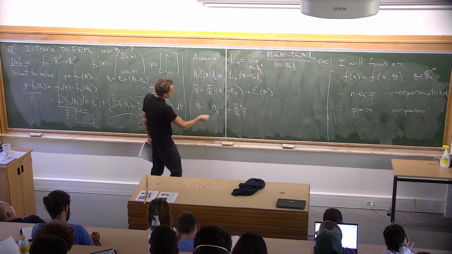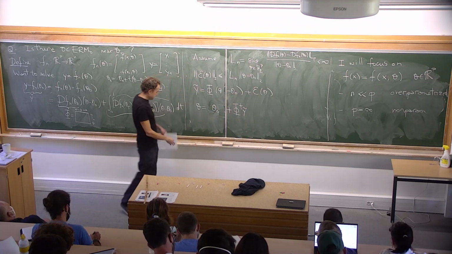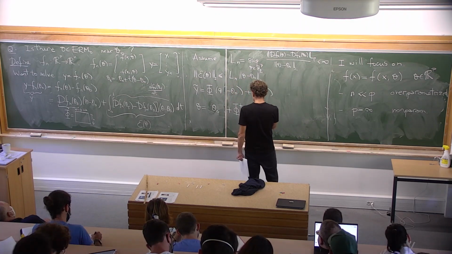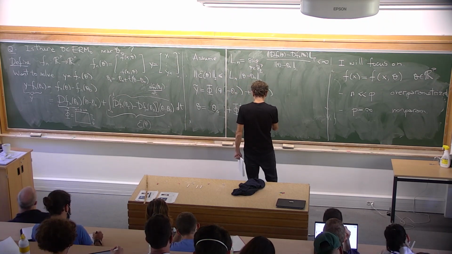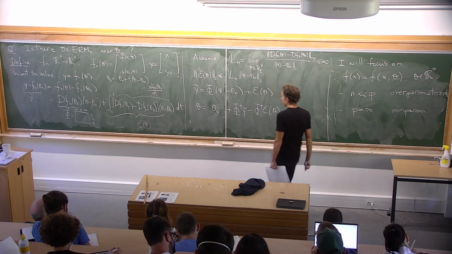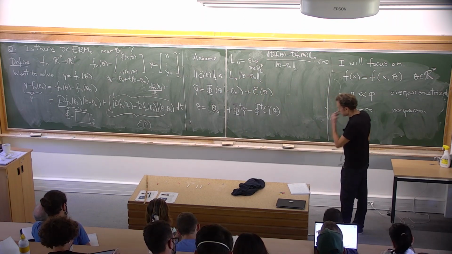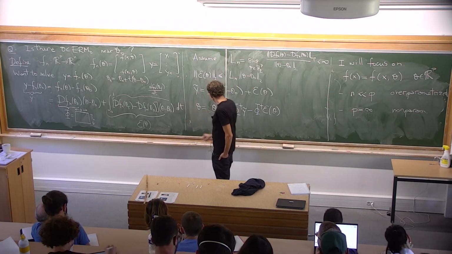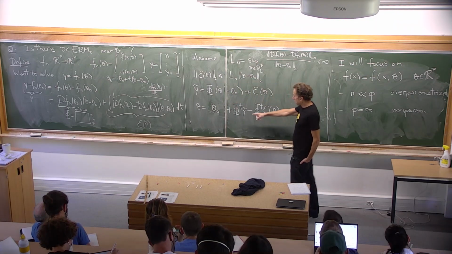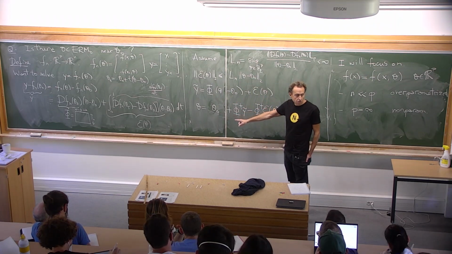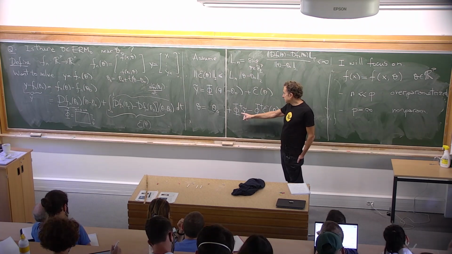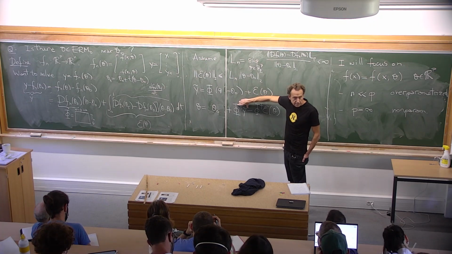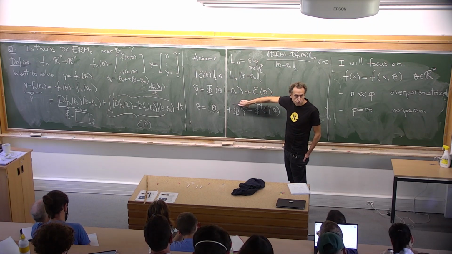This would be the solution if I didn't have the error term, and the error term gives a correction that is this one. Why the pseudo-inverse in particular? Well, because I'm looking for a solution that is as close to theta 0 as possible, and so this is the solution that makes this term of the smallest possible L2 norm.